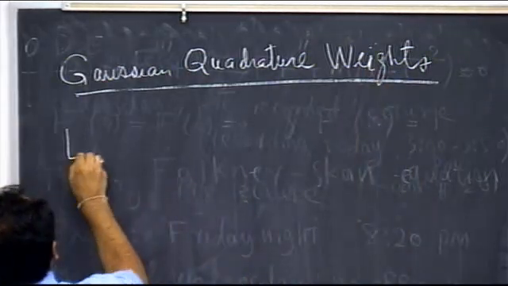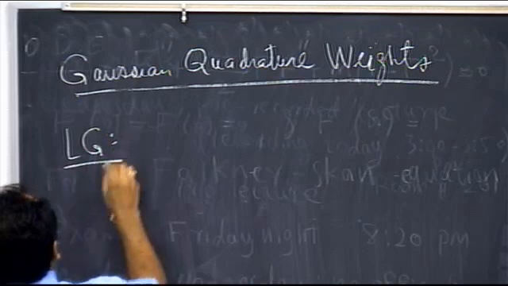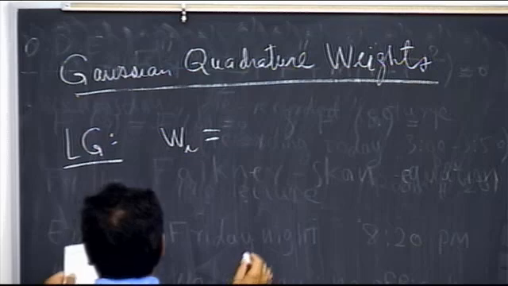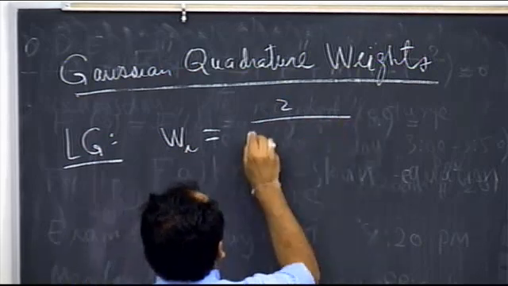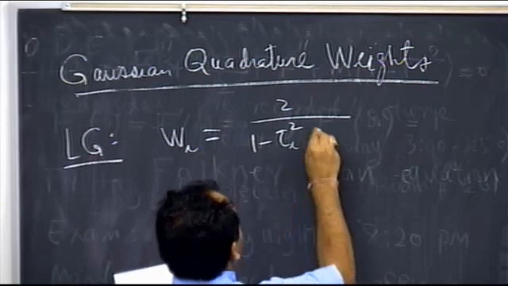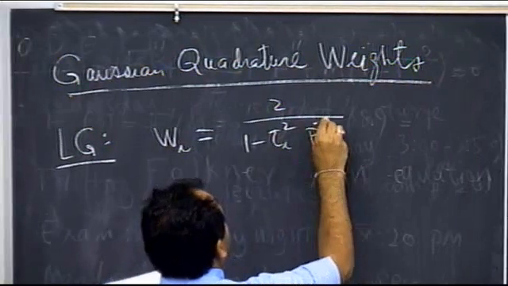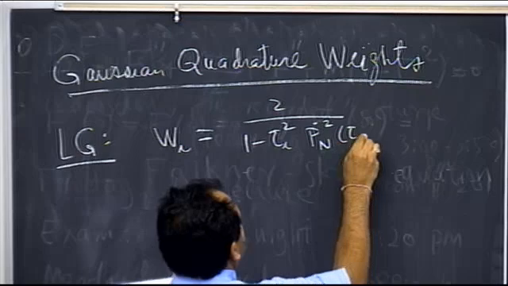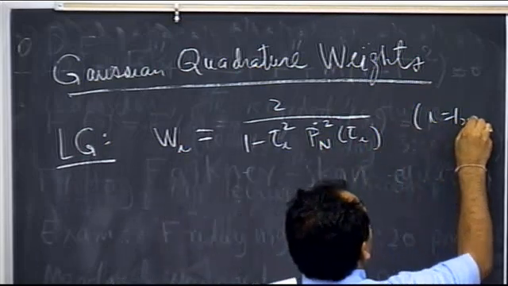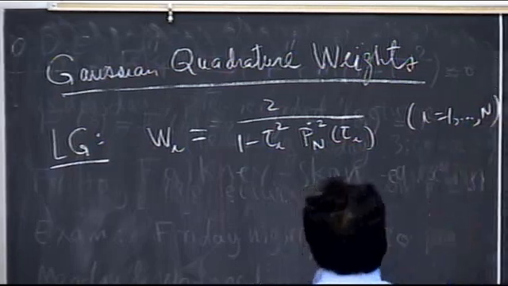First one is for Legendre-Gauss, the weights simplify to this. Wi is equal to 2 over 1 minus tau I squared times P n dot squared of tau I, for I equals 1 up to n.